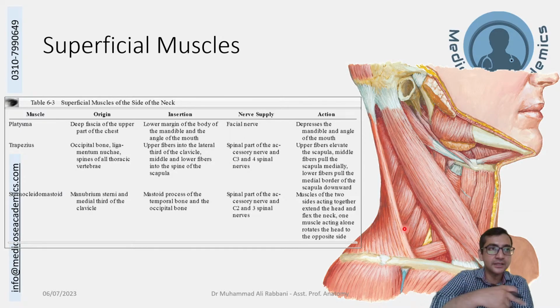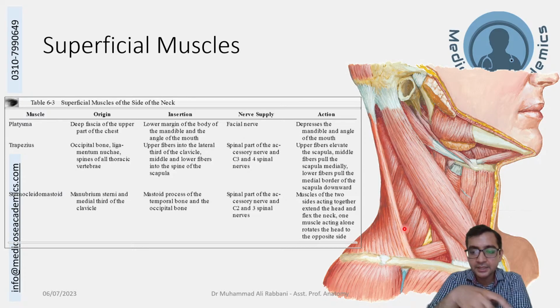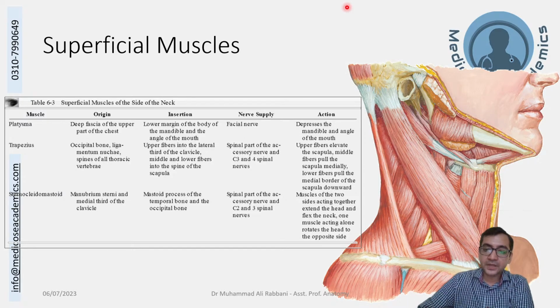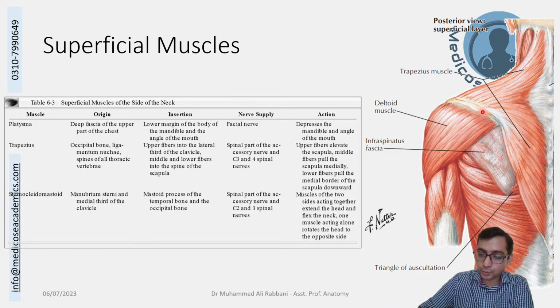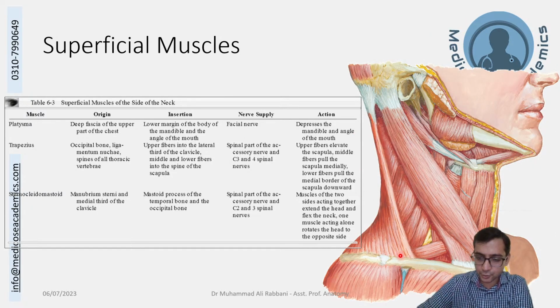So basically the bony circle that defines the lower margin of the neck, it is attaching to that. I will repeat: it is attaching to the spine of the scapula, the acromion process, and the lateral one-third of the clavicle.